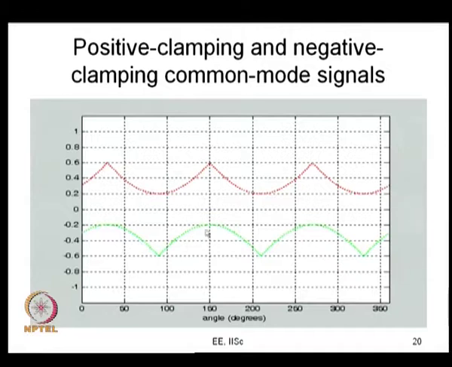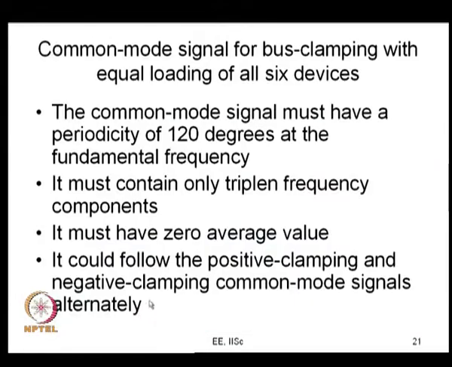If you want to clamp to the negative bus, this is the modulating signal you should add now. So, your option is always this or that. At any point you can either follow this or follow that now. So, this would clamp a phase to the positive bus, this would clamp another phase to the negative bus now. So, your question is how do you go about doing that now, and there are several ways in which you can follow the 2 different waveforms. All the different bus clamping methods are different examples of how you are doing this now.